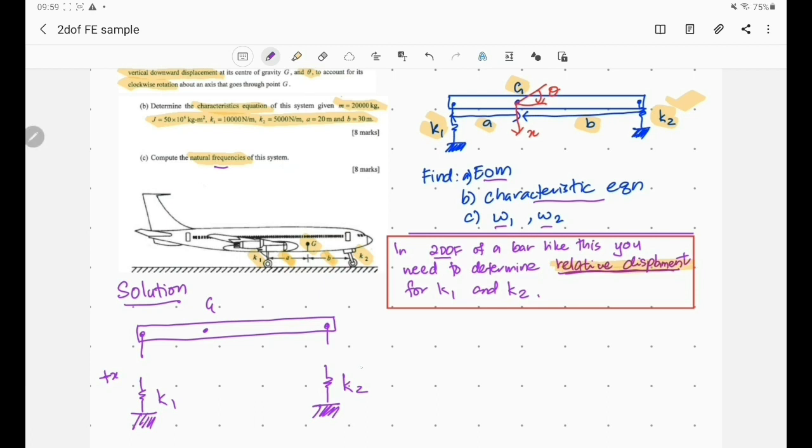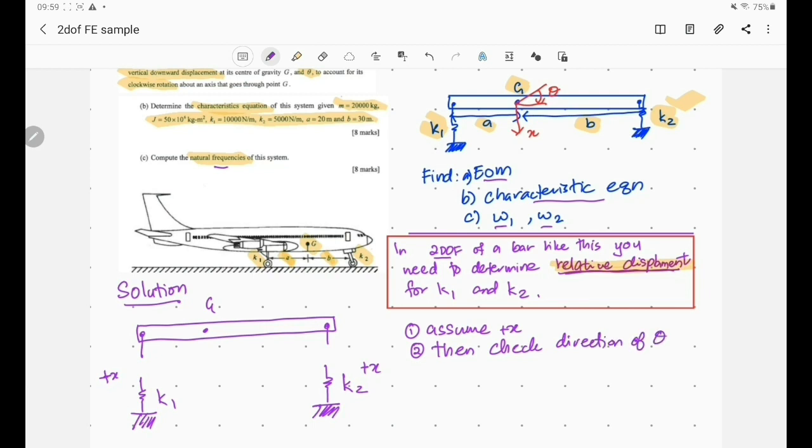So that's maybe the first step that you want to do: assume positive x. Then only you decide, then you check which side has a negative direction of your L theta. Then check the direction of your theta.